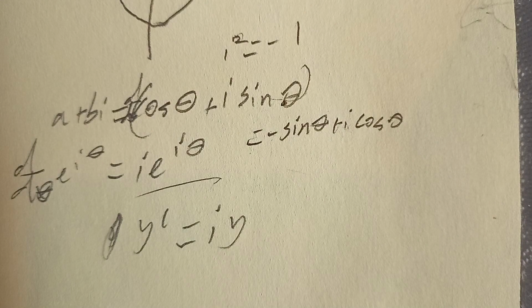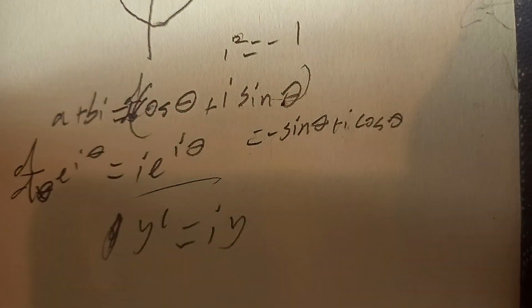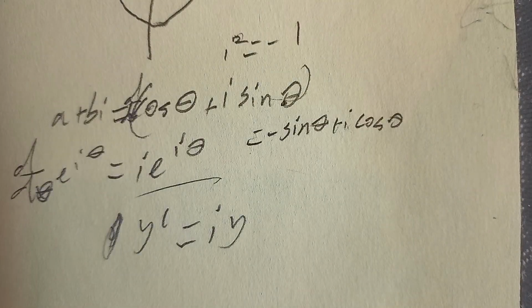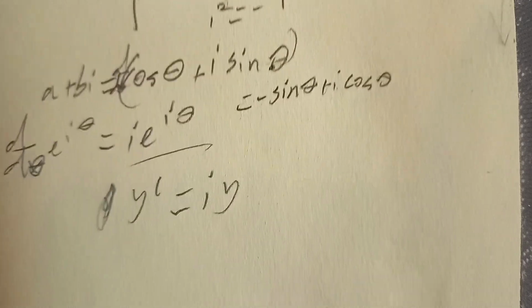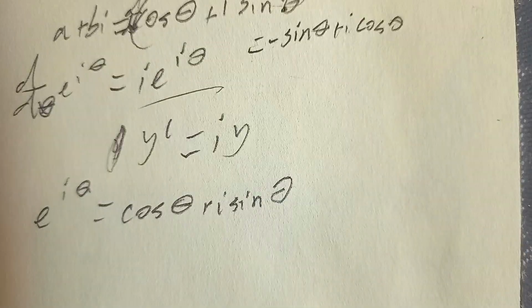Oh, well that means they should be equal. So we can really say e to the i theta is equal to cosine theta plus i sine theta. And that's the reasoning. That's my interpretation.